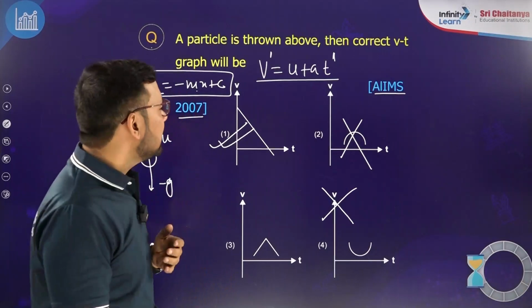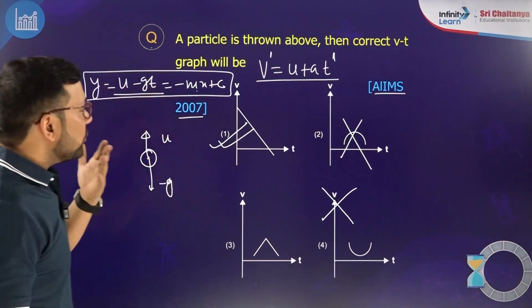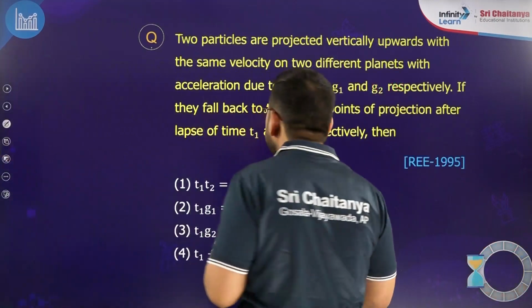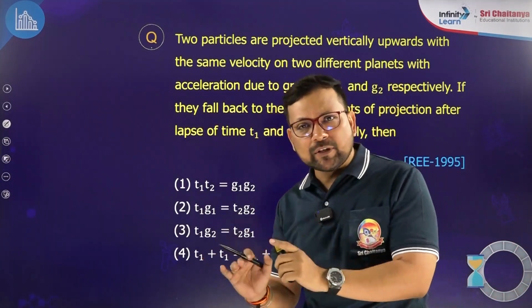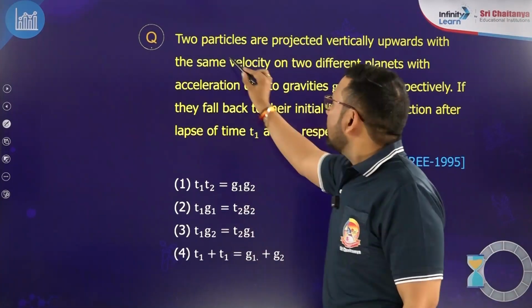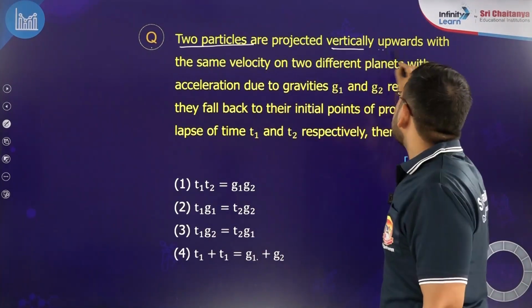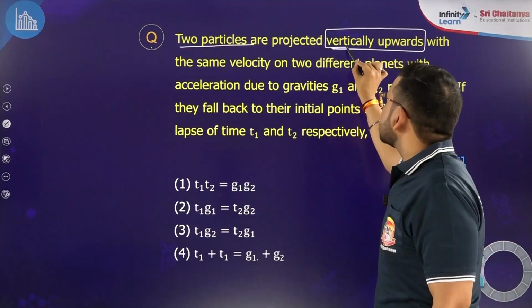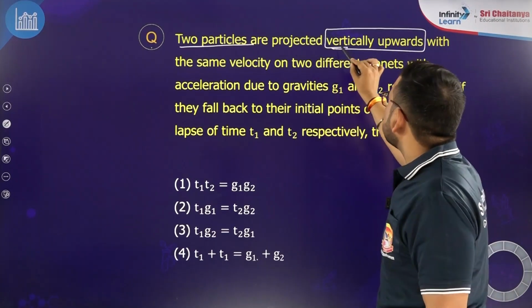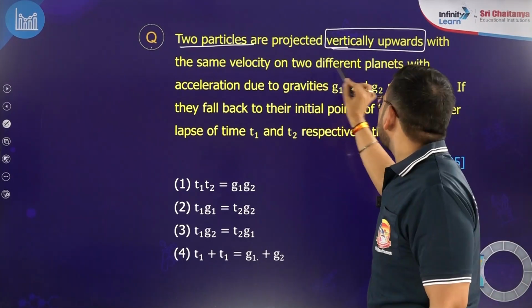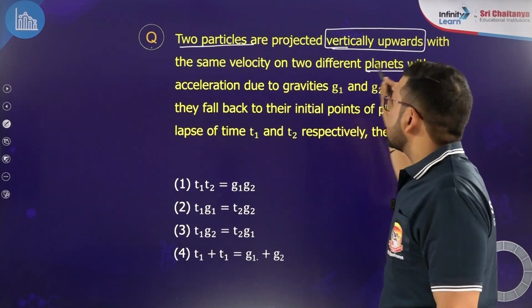To solve more, see the next question: read line by line, think sign, think equation and solve. Two particles, projected vertically up, that is the first key thing that we always discuss. Two particles are projected up with the same velocity on two different planets.